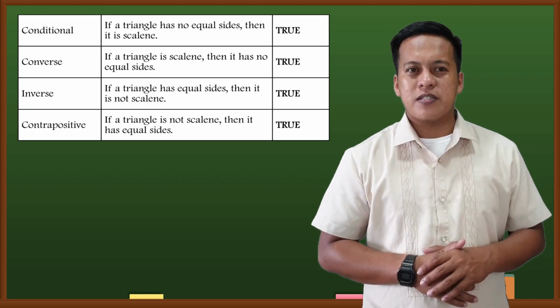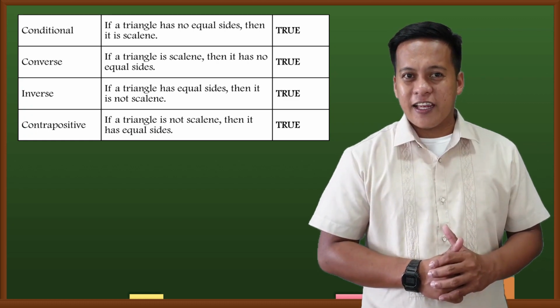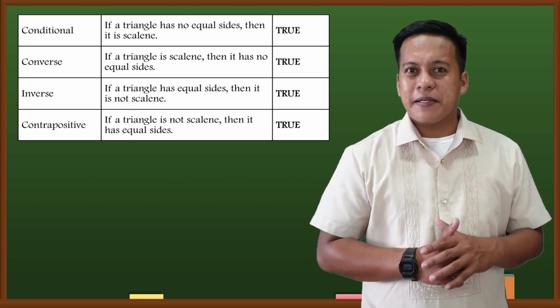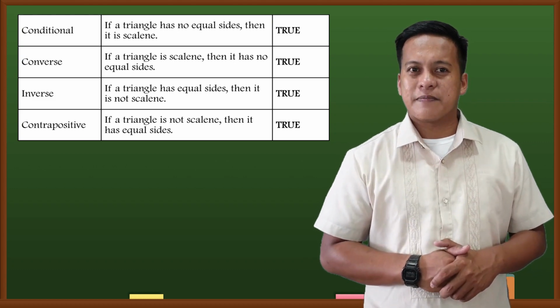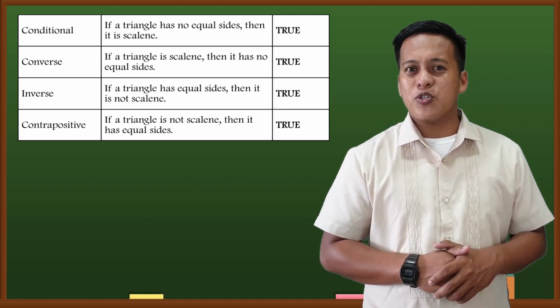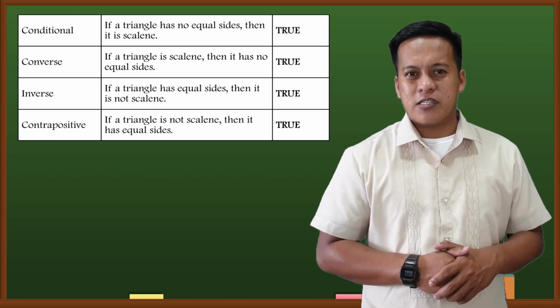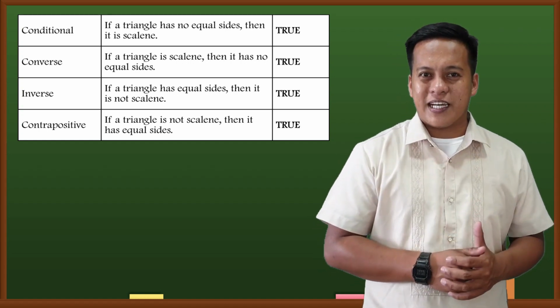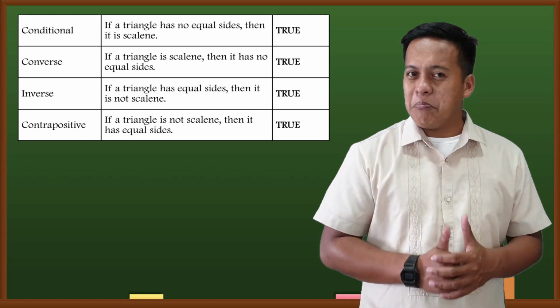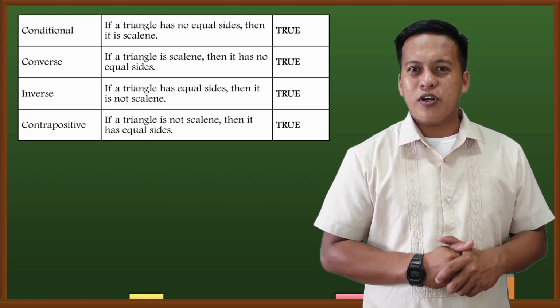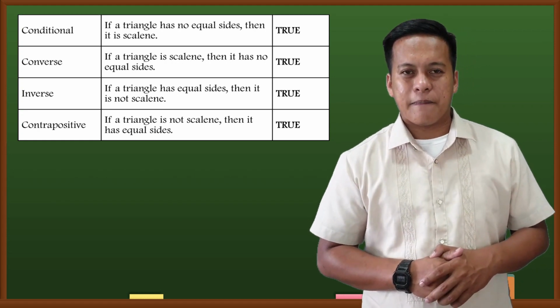Next is the inverse. If a triangle has equal sides, then it is not scalene. This statement is also true because if a triangle has equal sides, then it may be an isosceles or an equilateral triangle.